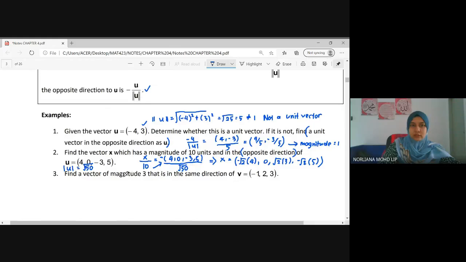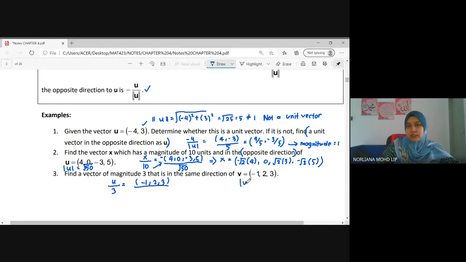The last one: find a vector of magnitude 3 that is in the same direction as v. First, using this equation, we want to find a new vector, for example vector u, where u over the magnitude of u is 3, in the same direction as v.